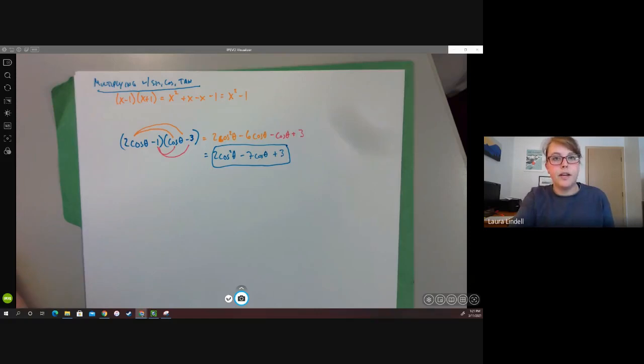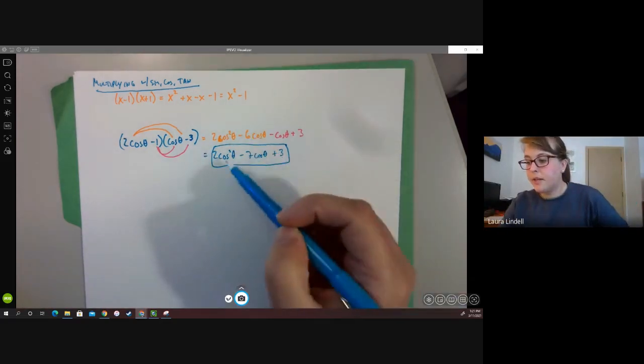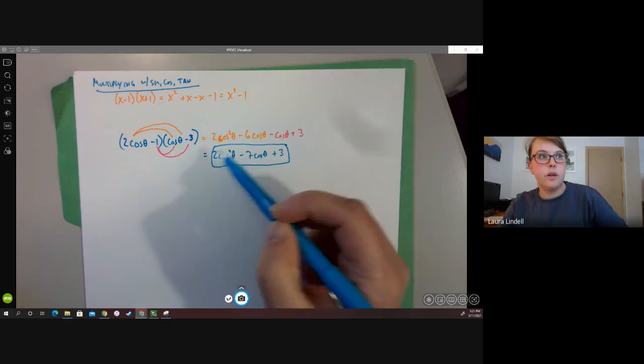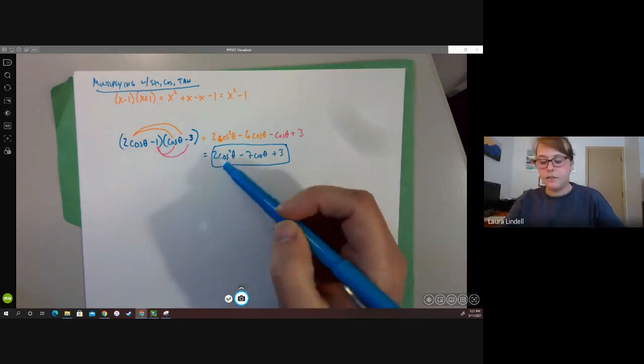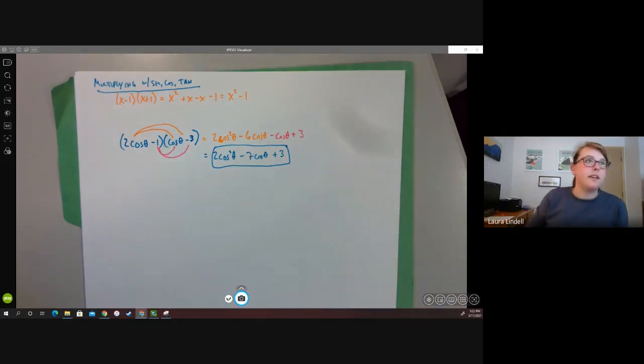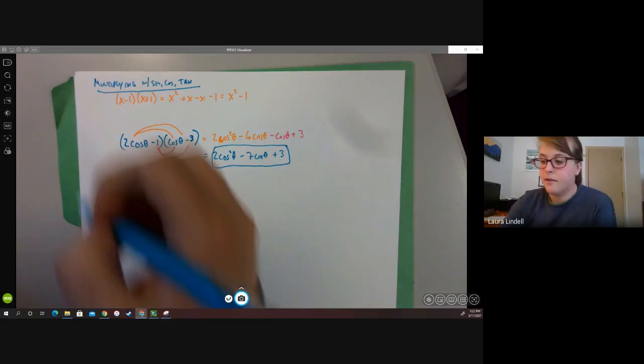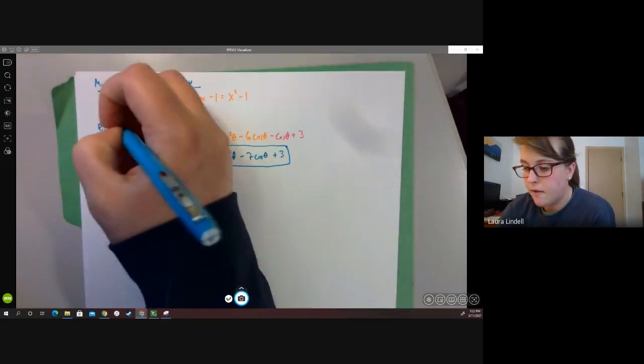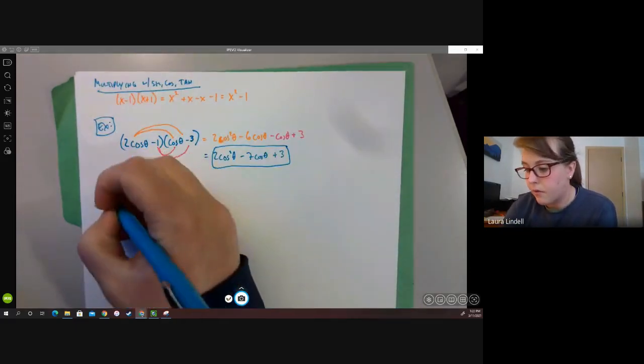So this kind of looks like unsimplifying things. But tomorrow we'll talk a little bit more about how you would take something like this and factor it. So we also want to be able to unfactor it, multiply through and things like that. So I'm going to have you guys try one real quick.